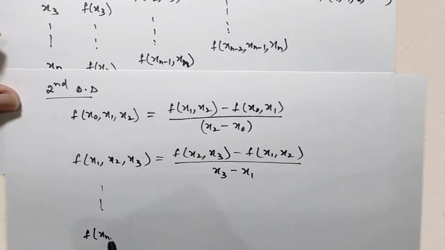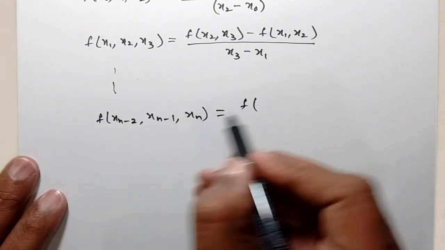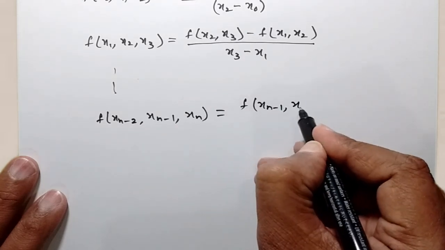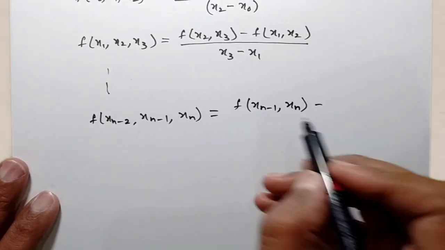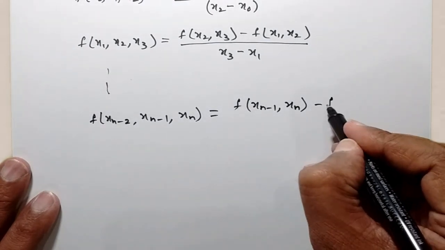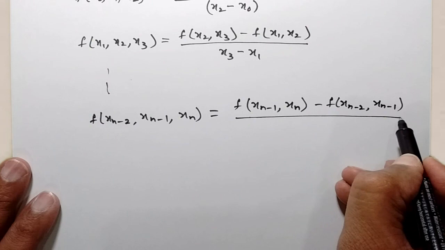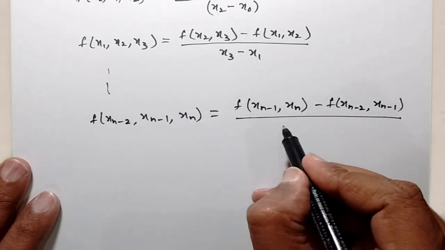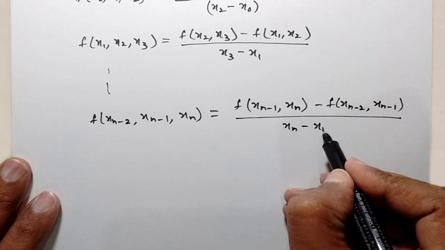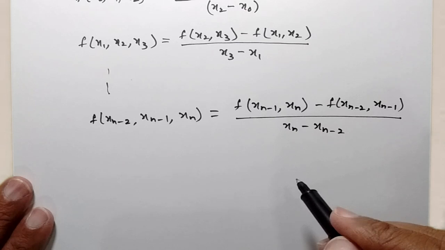So how to write the function of the final two values xn minus 1, xn minus the initial two values f of xn minus 2, f of xn minus 1, divided by the final value minus the initial value, xn minus xn minus 2. So in that way you can write down the second divided difference.